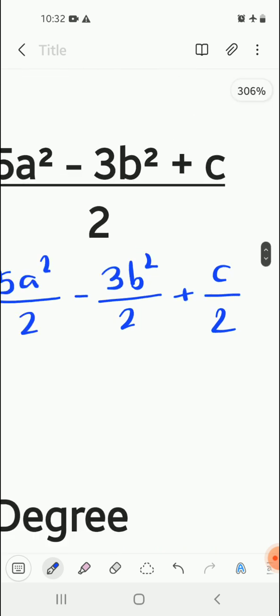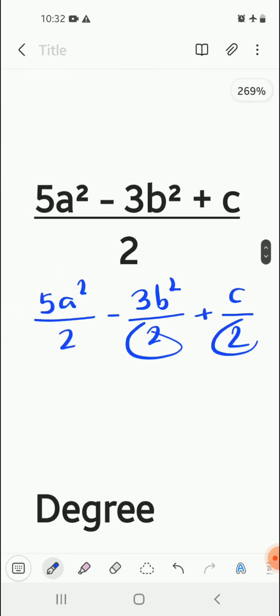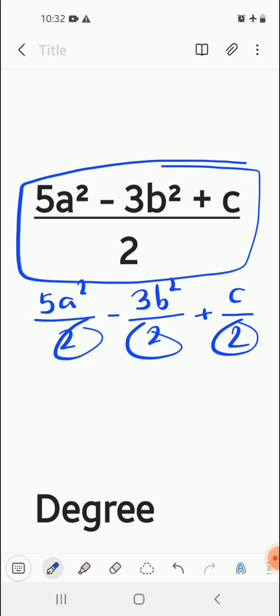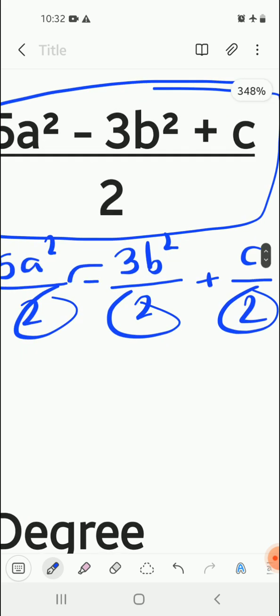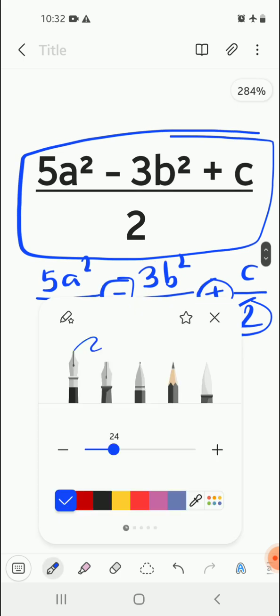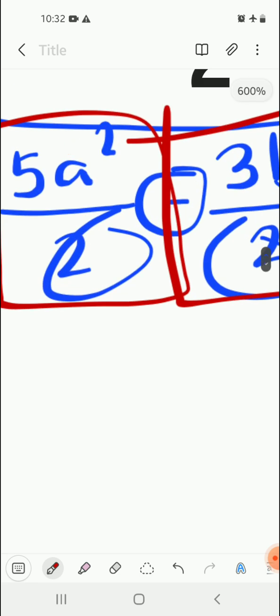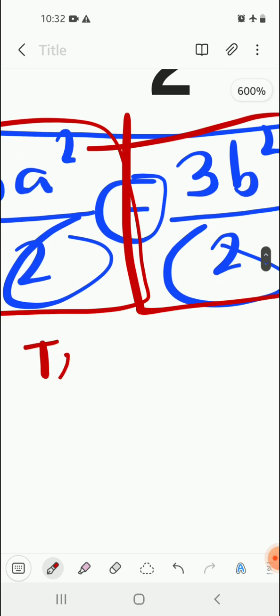If we take the 2 as common LCM, then it becomes this. So this is basically the same thing. Over here you can see there are operators such as a minus and a plus sign. So in total how many terms have we got? 1, 2 and 3. So this is named a trinomial because it has got 3 terms.